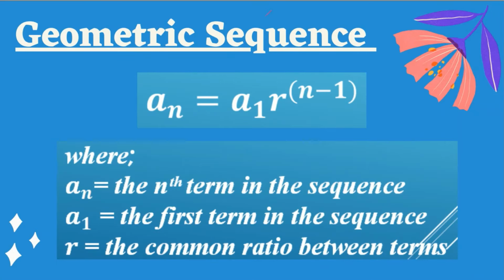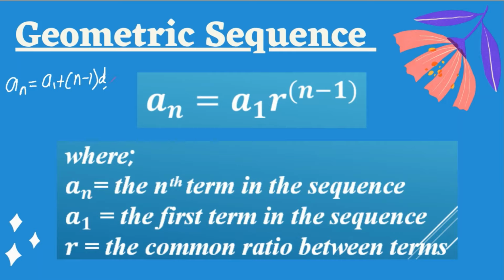Okay, so if you can remember, in arithmetic sequence, there was a formula that we are following. So the formula was a sub n is equal to a sub 1 plus n minus 1 times d, where d is the common difference. So this is for arithmetic.